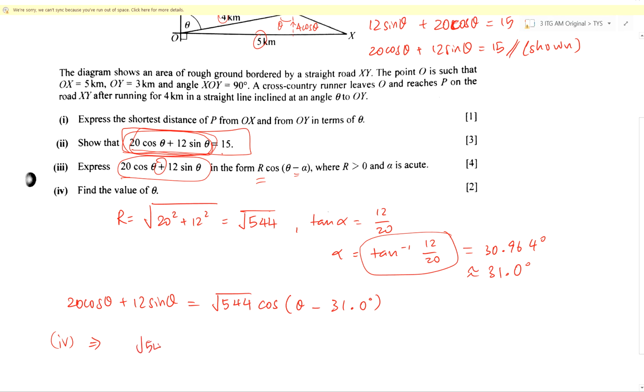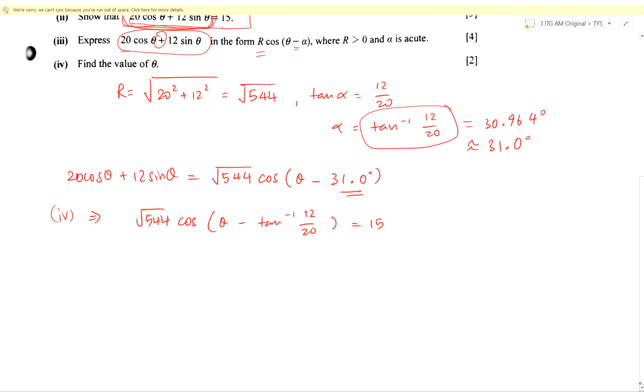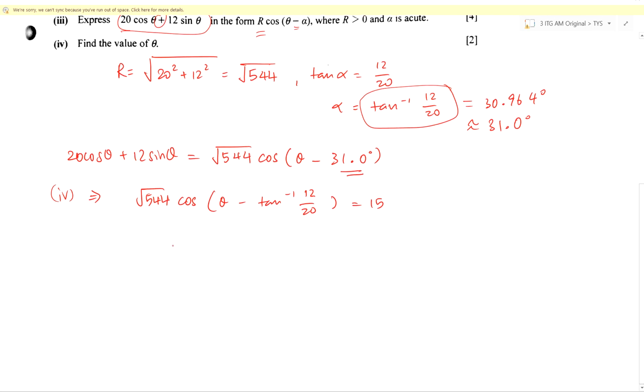So square root of 544 cosine theta minus, do not use 31.0, you can use either 30.964 or tangent inverse of 12 over 20 for the exact value, and this is 15. Then all we need to do is to make theta the subject. Cosine theta minus tangent inverse 12 over 20 equals 15 over root 544.